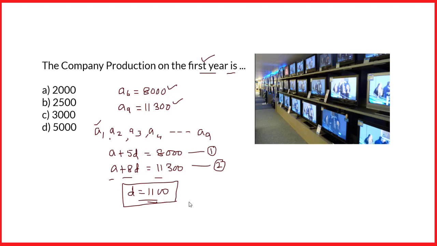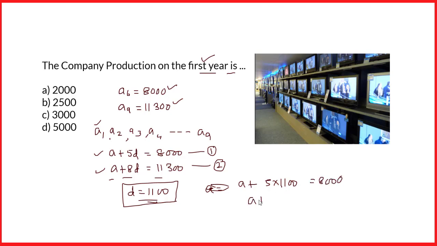Now we can find A, that is the first term. Put the value of D in either equation 1 or equation 2 to get the value of A. If we put it in equation 1, it will be A plus 5D, that is 5 into 1,100, equal to 8,000. So A plus 5,500 is equal to 8,000.